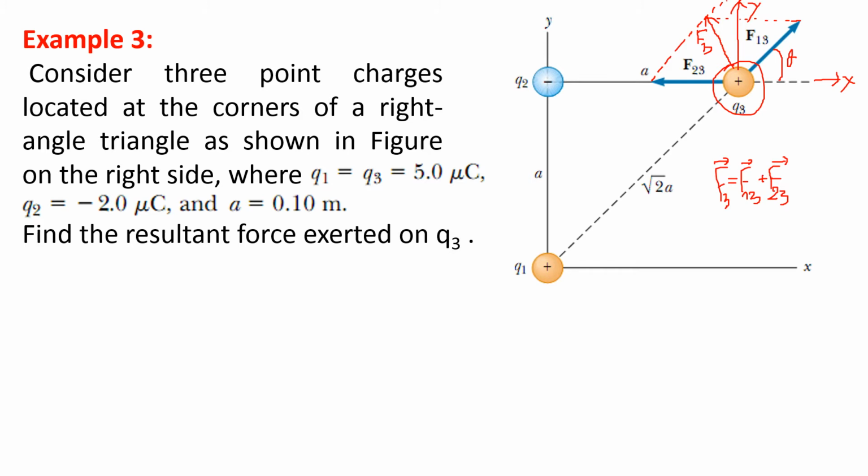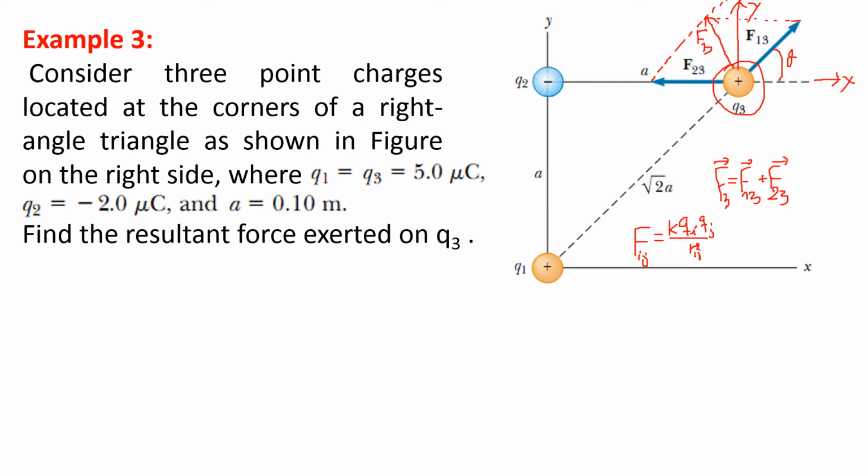Then we first find the magnitude of these forces by applying Coulomb's law, where the force between charge i and charge j is equal to Coulomb's constant times the magnitude of charge i times the magnitude of charge j divided by the square of the distance between the two charges.